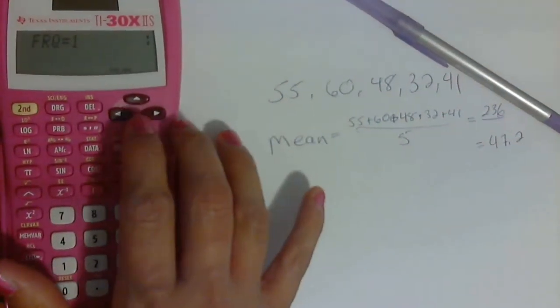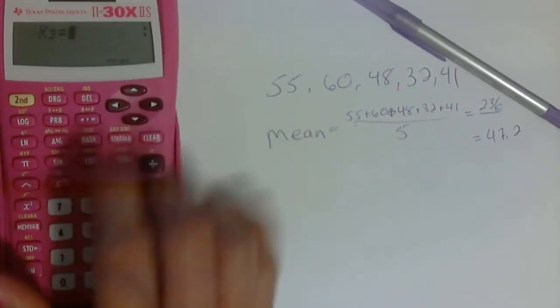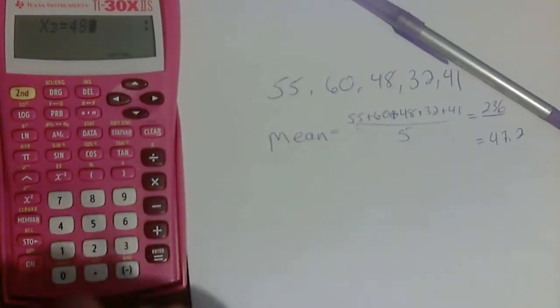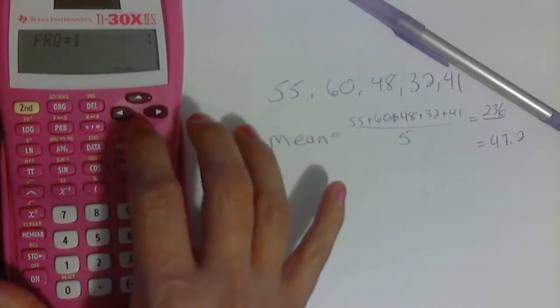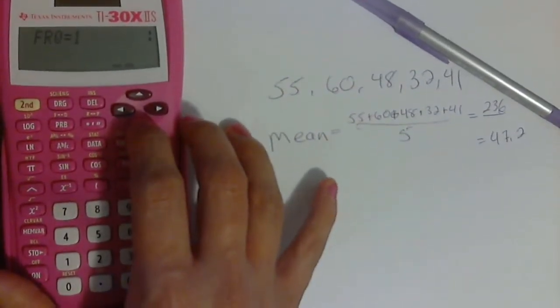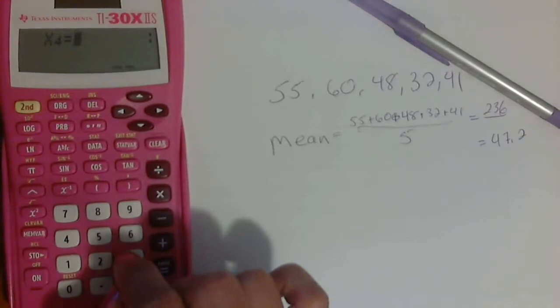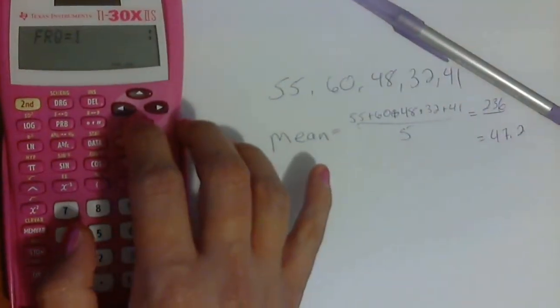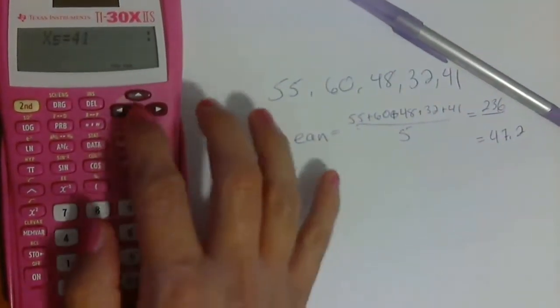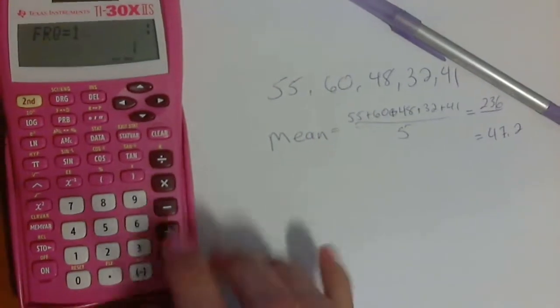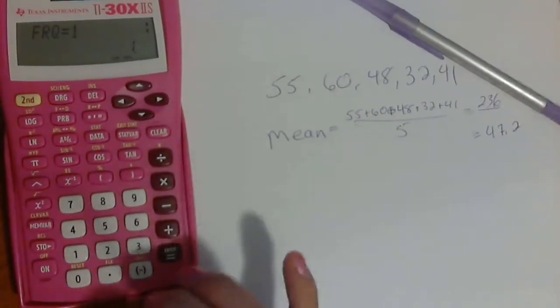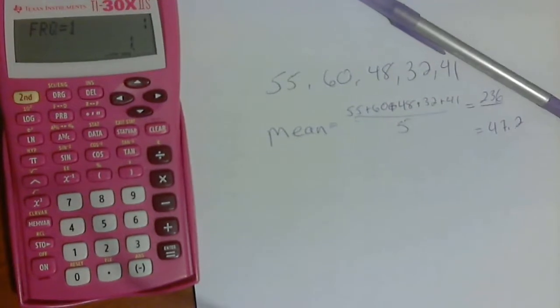Hit down, frequency of 1 for the 60, hit down again, 48. I'm going to continue, frequency of 1, then 32, frequency of 1, and 41, frequency of 1. I always hit enter just to make sure that all my data is entered.